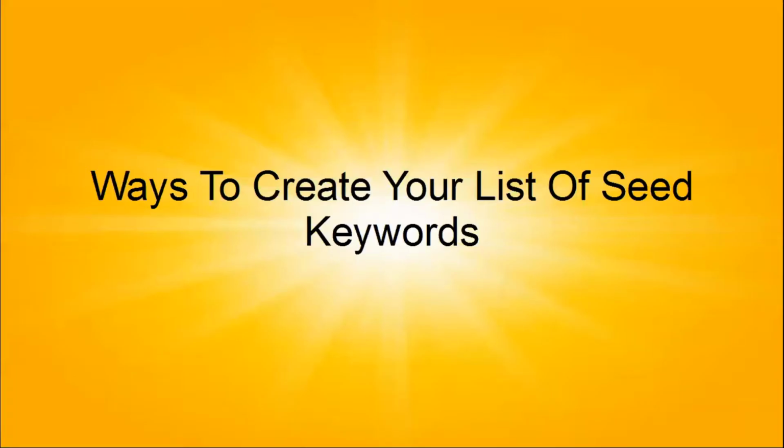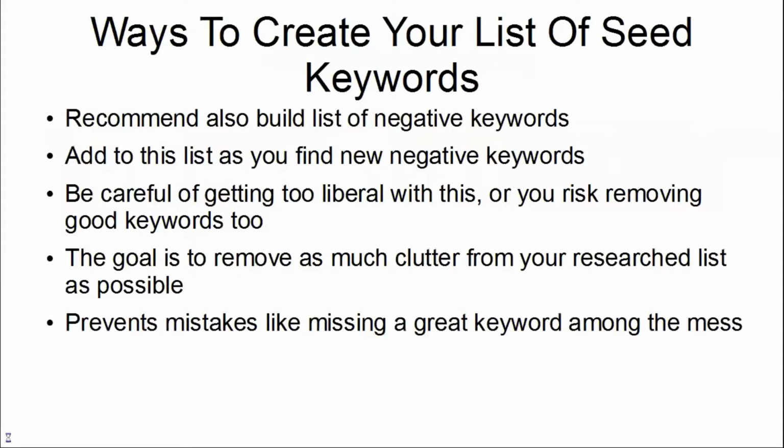So now let's move on to ways to create your list of seed keywords. As you're building your keywords out, also start building out a list of possible negative keywords you might want to keep an eye on, and keep adding to this list anytime anything new comes up during the process.